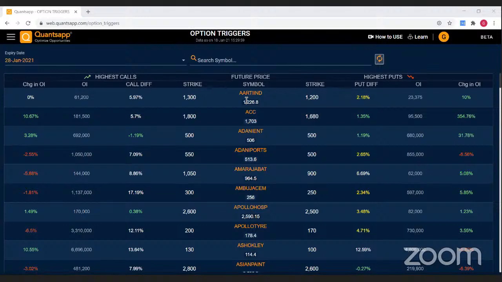That means they are confident enough that the prices of the underlying or the future won't go up. At the same time, if at the level of 1000 the call writers are removing their positions, exiting their positions, that could be a sign of a likely movement.